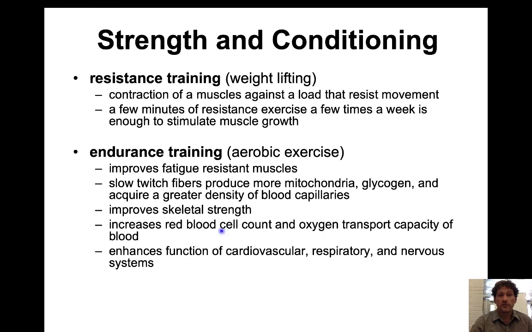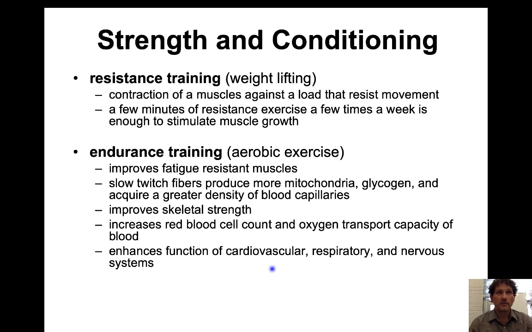That's going to increase your skeletal strength. And again, it's going to increase your red blood cell count and therefore your oxygen delivery. So this is really good all around. It's increasing your cardiovascular, respiratory and nervous systems, right? You're going to be delivering more oxygen and glucose into your brain, and your brain's going to be able to function at a higher level as well.